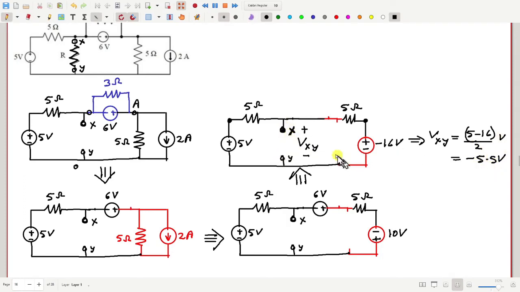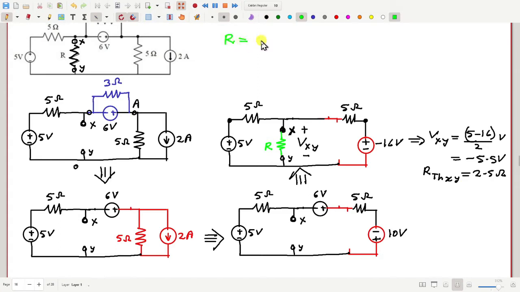And how much is the Thevenin resistance between X and Y? R Thevenin between X and Y is 2.5 ohms. Okay, so then what should be the value of this resistance R for getting maximum power?